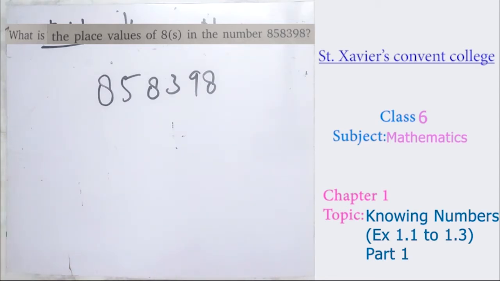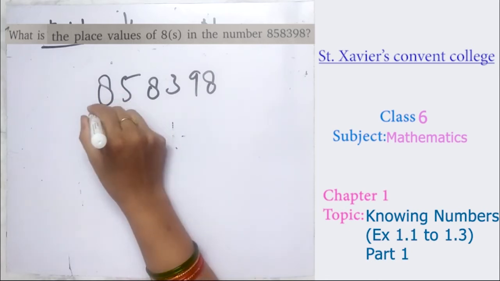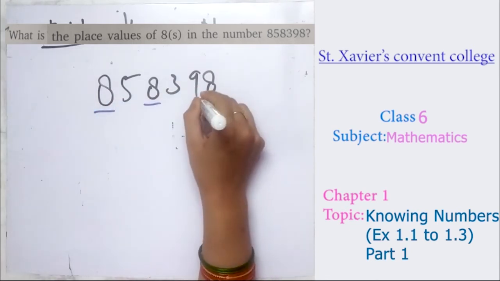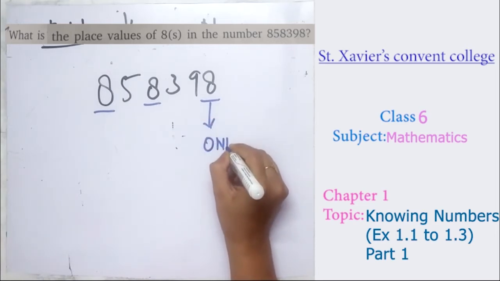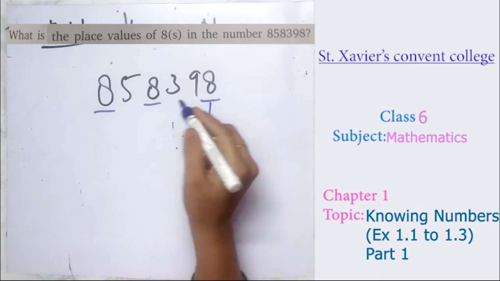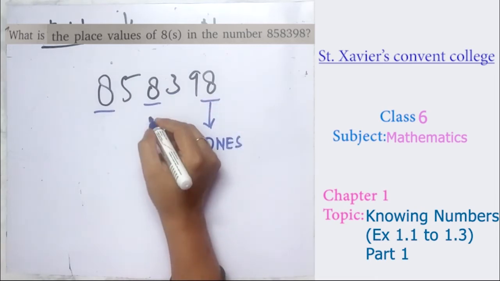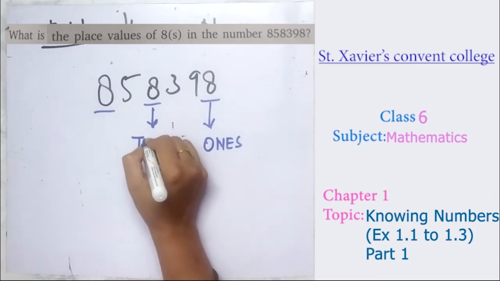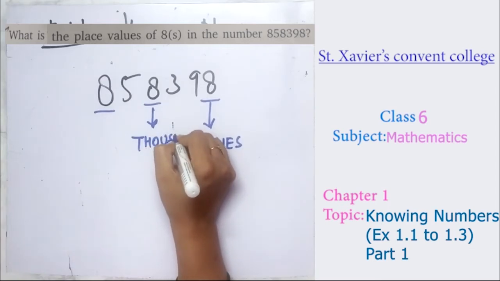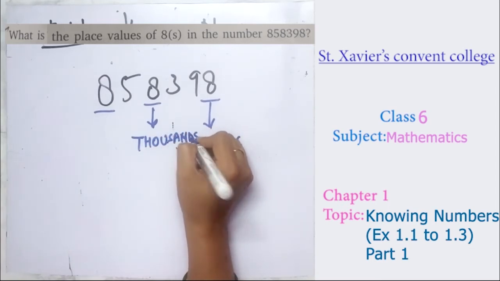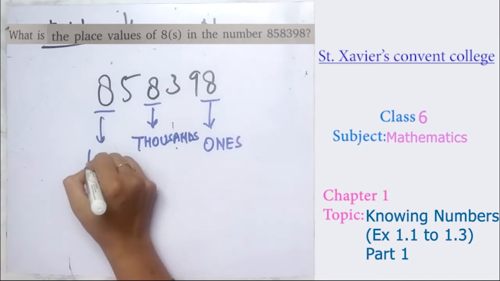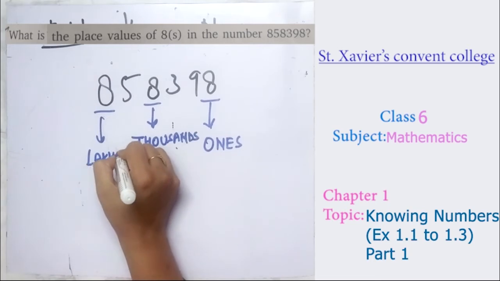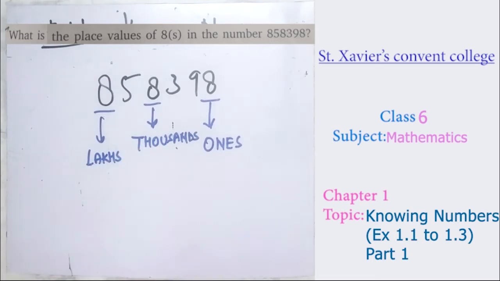Wherever the 8 appears in this number, you have to write the place value. 8 appears at ones, thousands, and it acquired the position of 8 lakhs.